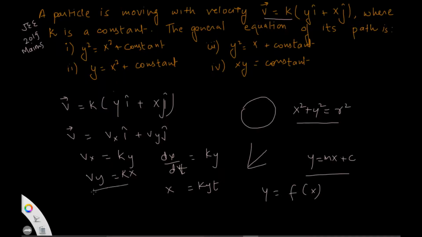Similarly, when you integrate Vy equals kx, you will get y equals kxt. You have time as a variable in both equations. So if you want the equation in y and x only, you will eliminate t, and what you will get is x square equals y square.